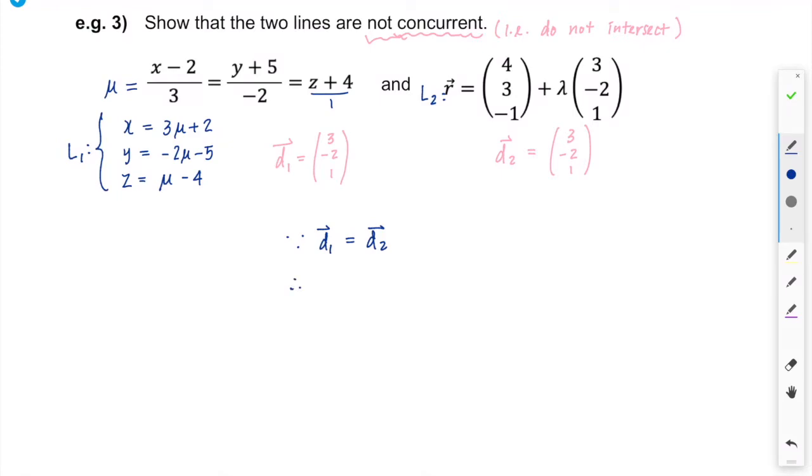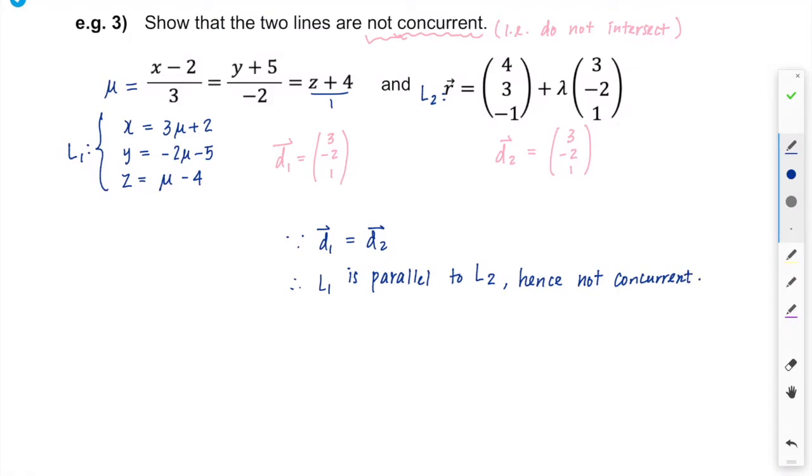Then one thing for sure is that line 1 is parallel to line 2. Oh, I should use uppercase. Sorry. And because we have a set of parallel lines, for sure they will not intersect. Hence, not concurrent.